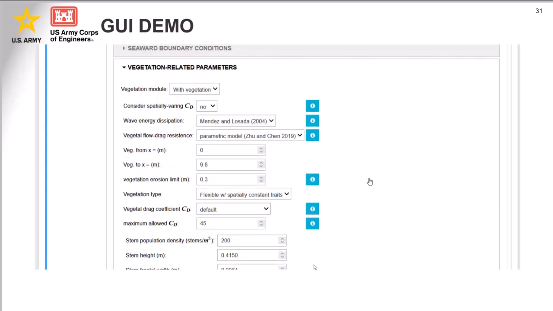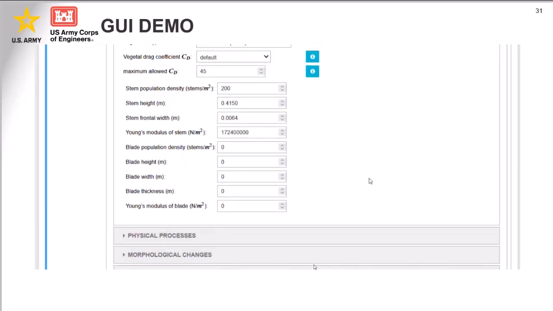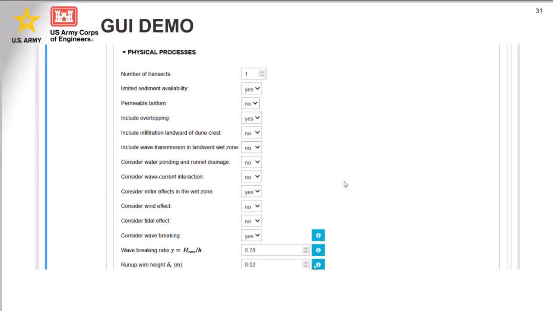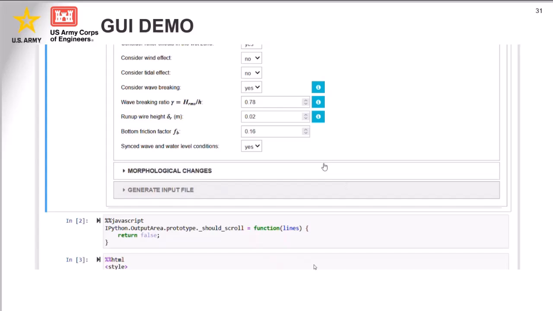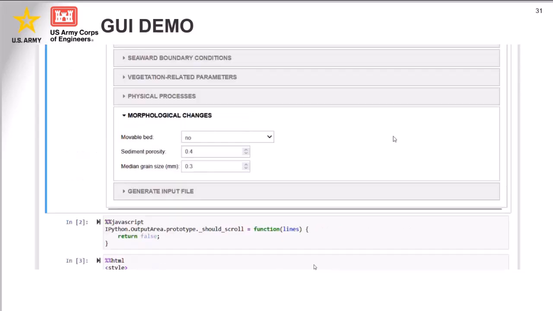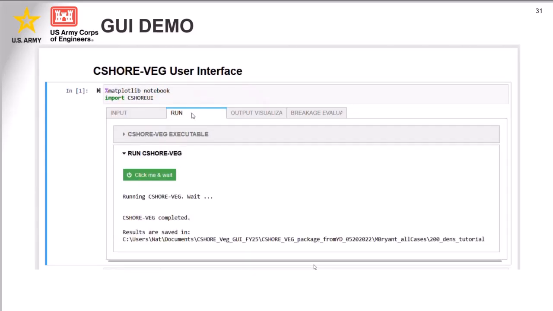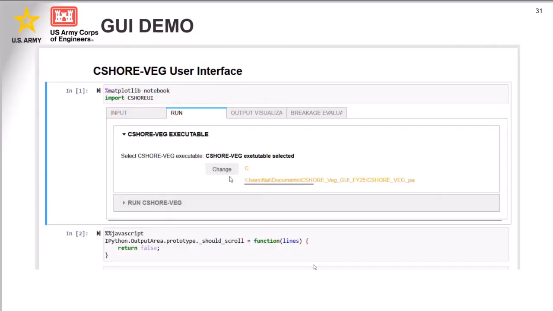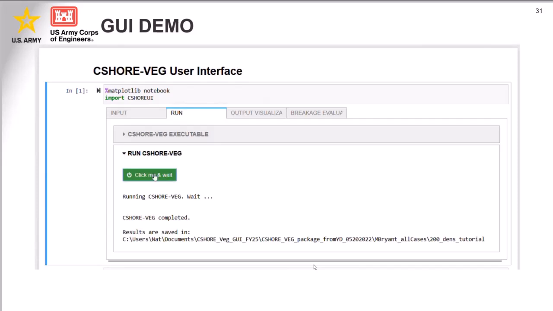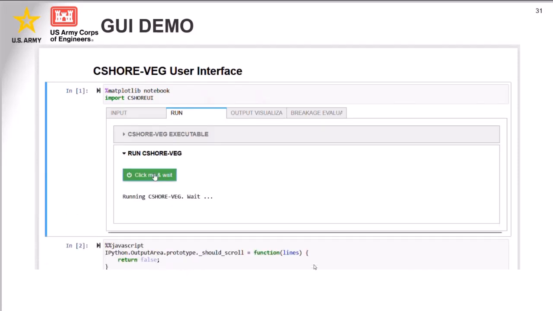And you can input your vegetation parameters, so the stem width and population density and stem height, and morphological changes, and generate an input file that you can then use to run this executable program. It only takes a couple seconds for many different wave cases.